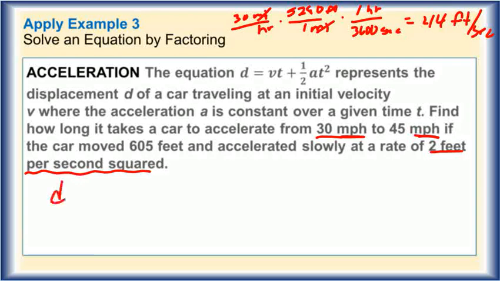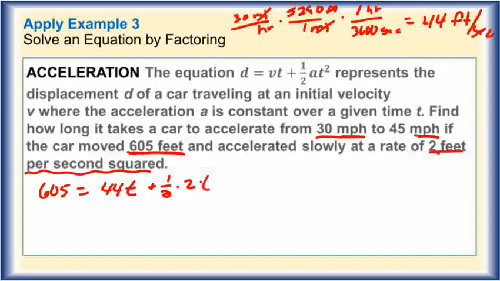So I have d, the displacement, in feet. So this one is 605 feet. So I have 605 feet equaling the initial velocity of 44 feet per second, 44t, plus 1/2 a, our acceleration, at a rate of 2 times t squared.